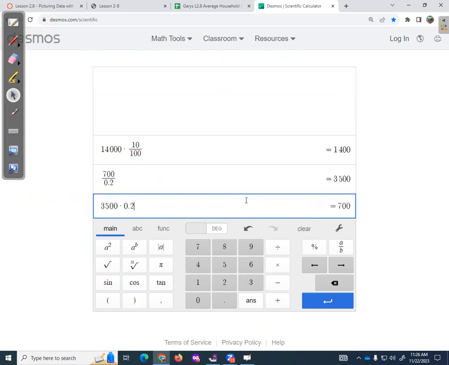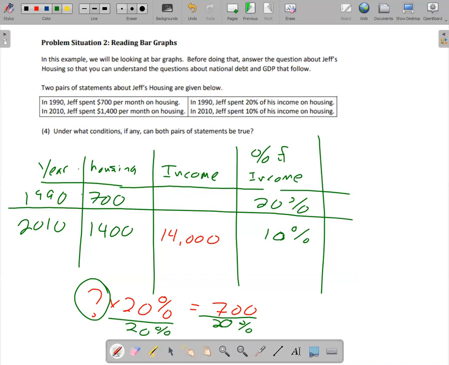Which would be 0.2 times that. Yeah, it seems to work. And that was a guess, but we did confirm the guess was true right there.